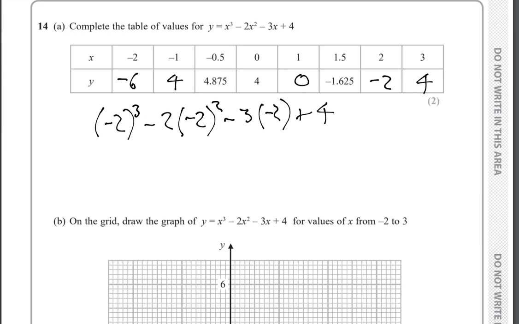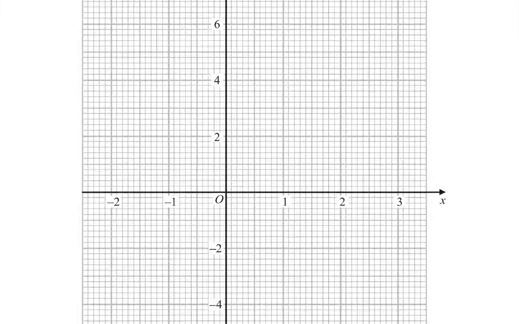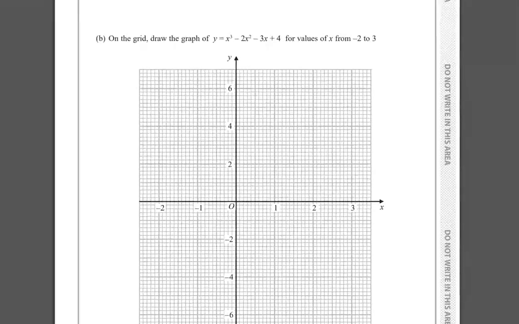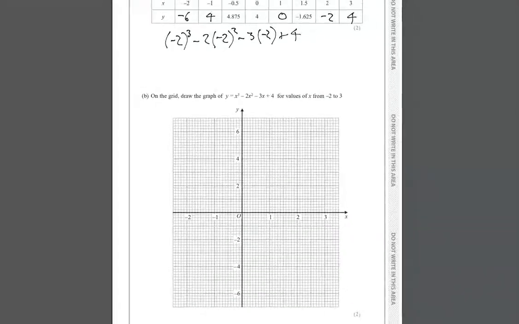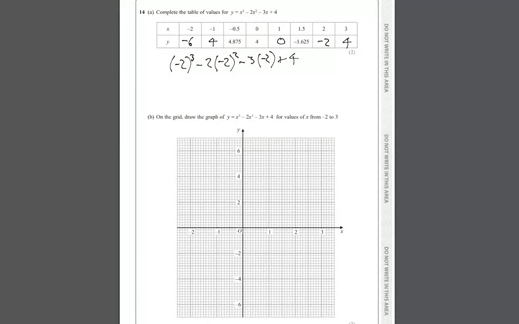Okay, I've then got to plot these accurately onto here. So, just going to make this a bit smaller so that I can see it. So -2, -6. That's going to be exactly on there.